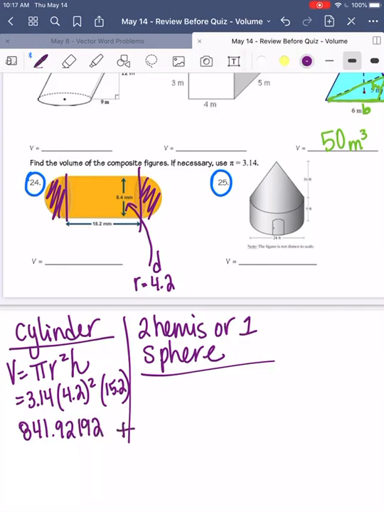Okay, then we're going to add it to the sphere. So volume equals 4/3 pi r cubed. And the radius is still the radius of the other cylinder, so 4.2 cubed. So 4 times 3.14.